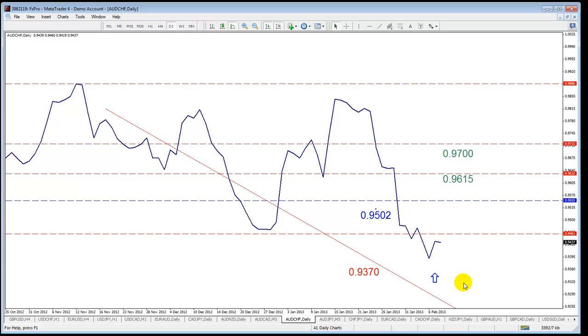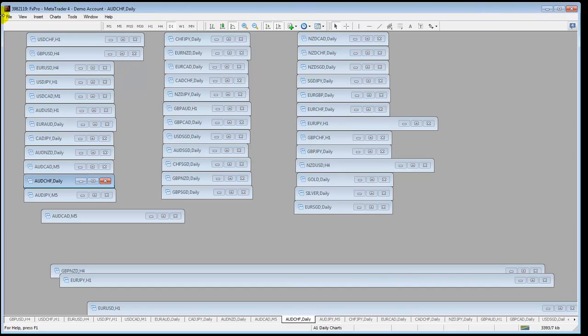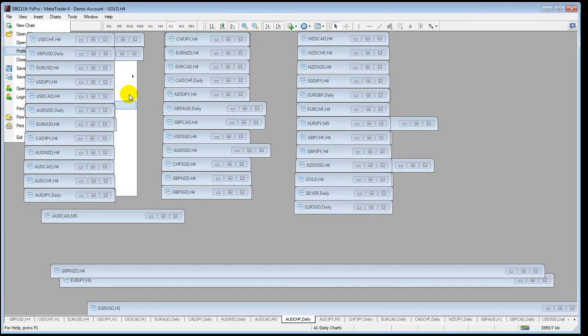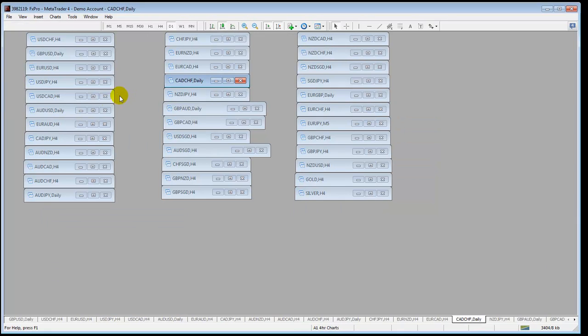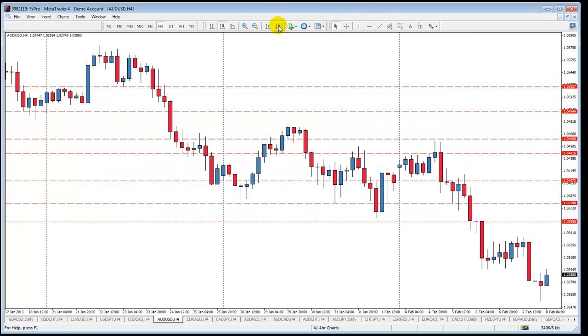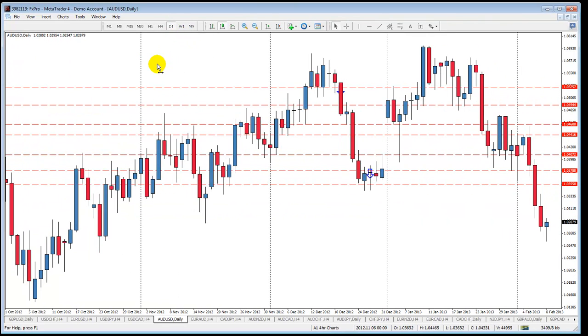Epping says that there's a 4-hour kangaroo tail on the Aussie. Let's take a look. Okay, well, I really want to look at the daily on this one.